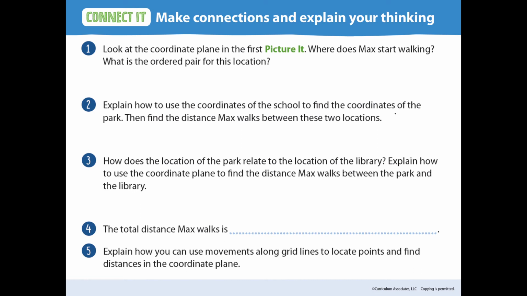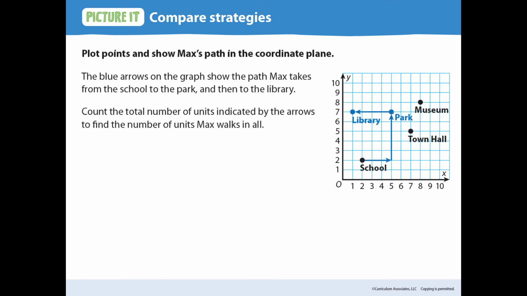Number 3, how does the location of the park relate to the location of the library? Explain how to use the coordinate plane to find the distance Max walks between the park and the library. From the park, he's walking 1, 2, 3, 4 units over here. They told us that the coordinates of the library, the ordered pair, is 1, 7.